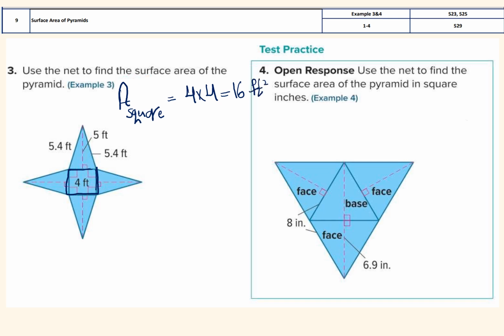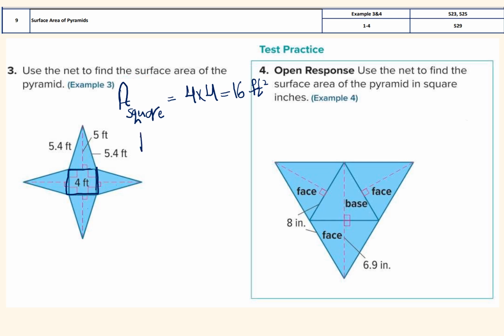Then let's find the area of each triangle. As you see, the sides are in a triangular shape, and these triangles are identical. So it is enough to find the area of one of them, and then we're going to multiply the answer by 4, since we have 4 identical triangles.